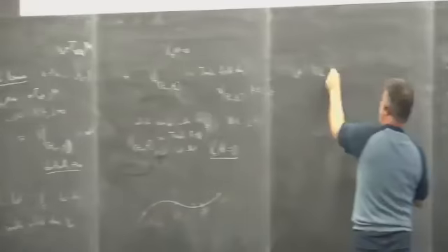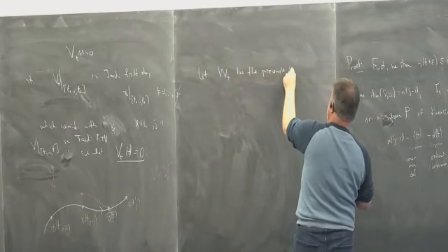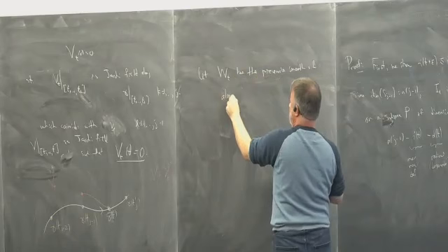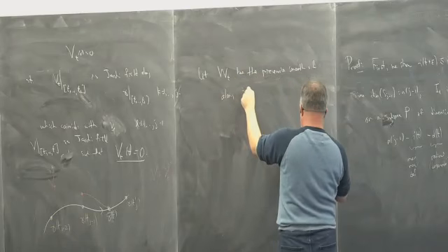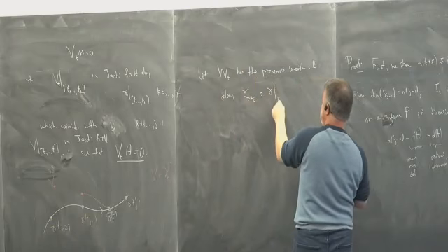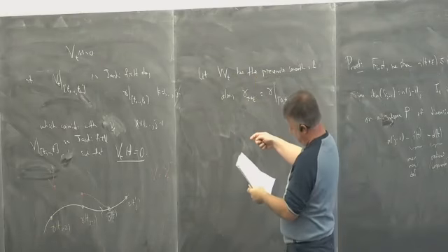Let Wt be the piecewise smooth vector field along gamma T plus epsilon, which is gamma restricted to 0 T plus epsilon. So the notation is a little strange, right?